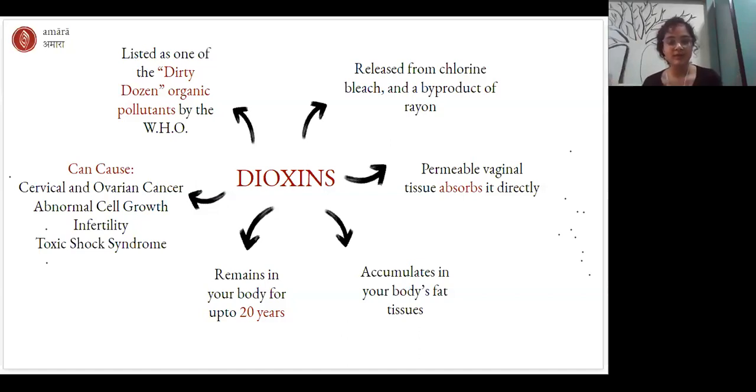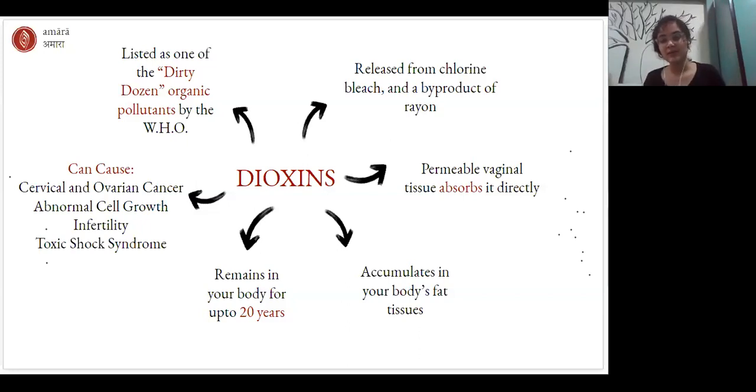So if you consider it in a cumulative sense, you understand that there are a lot of chemicals getting released in your body, and basically they have no way of getting out of the body. So this is really something that we should think about. Again, we're not trying to scare you, but for any products that we use, we have the right to know what is in it and what it's doing to our body.